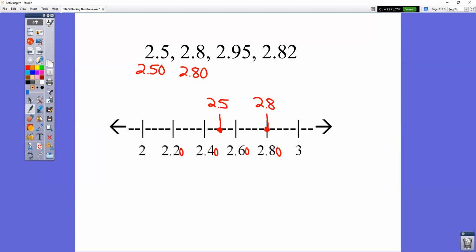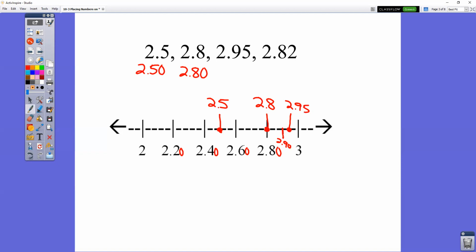2.95. Now 2.9 would be right here. So $2.95 is halfway in between $2.90 and $3. So 2.95 would be right there. $2.82.